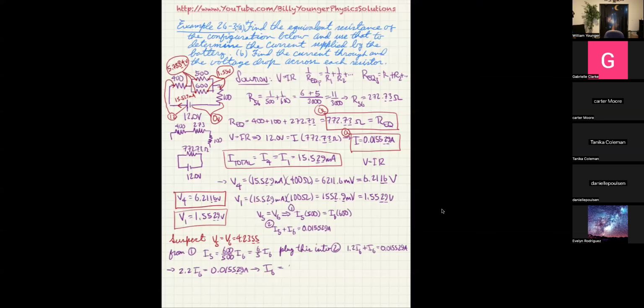And that gives me 0.00705. Now I'm putting 2 extra figures on there, 8.6. That's 8.6 amps. So it's about 7 milliamps basically.